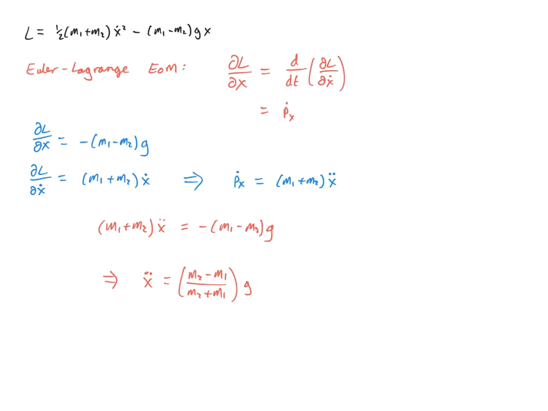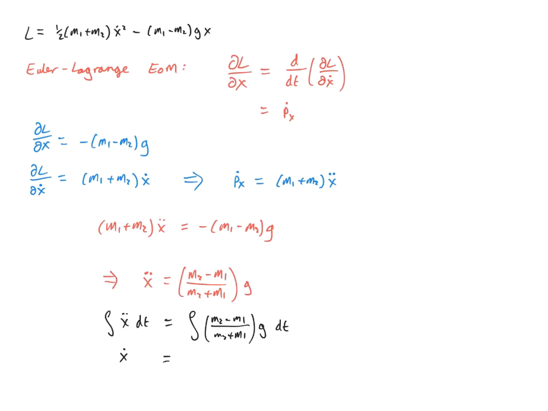We can integrate it up, and we get the integral of x double dot dt is equal to the integral of this constant. On the left-hand side, we're going to get simply x dot.